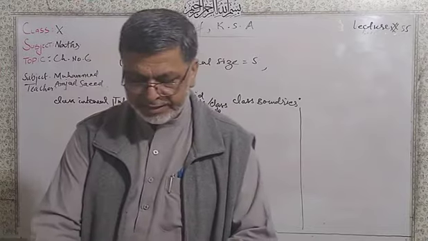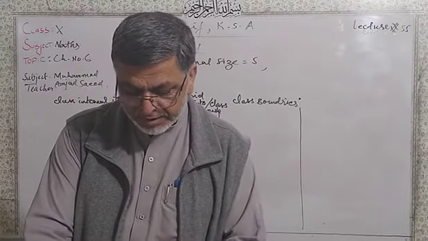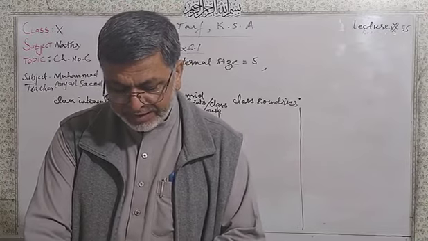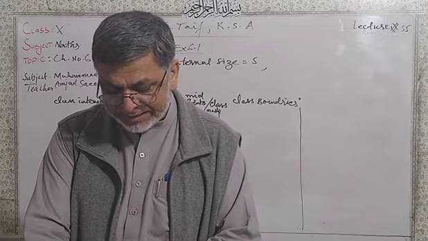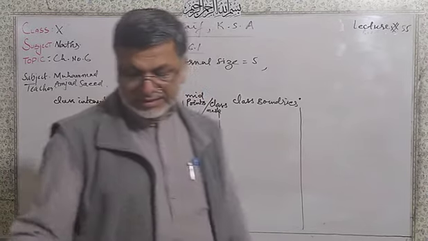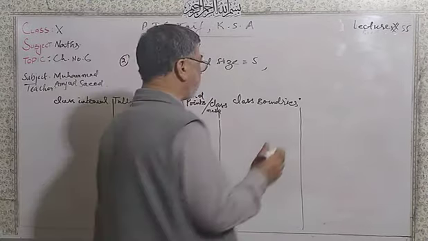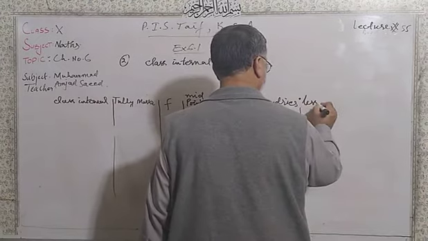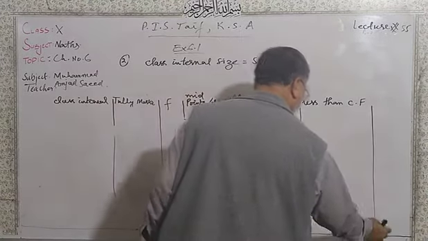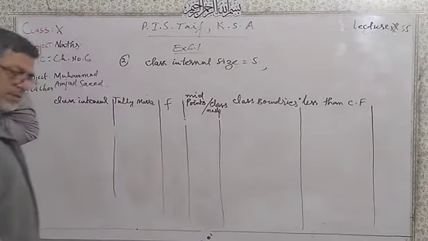There is a hint given here also. After that, we also have to make a less than cumulative frequency distribution. This is the last column, which is also asked.